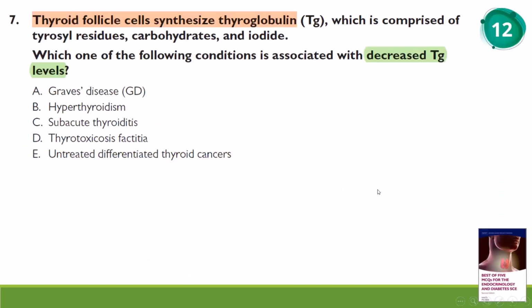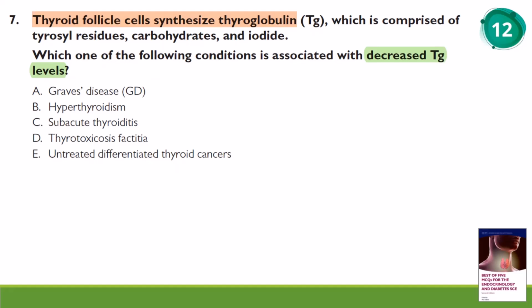Which one of the following conditions is associated with decreased TG level? Thyrotoxicosis factitia or untreated differentiated thyroid cancer? Thyrotoxicosis factitia. Yes.